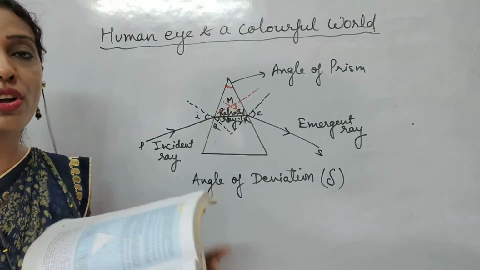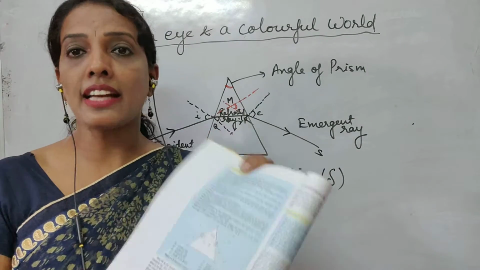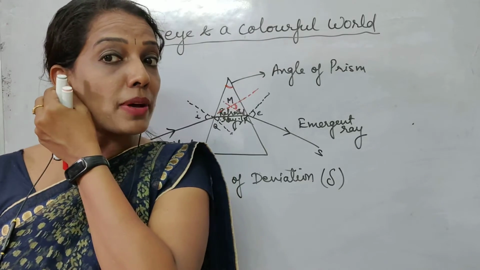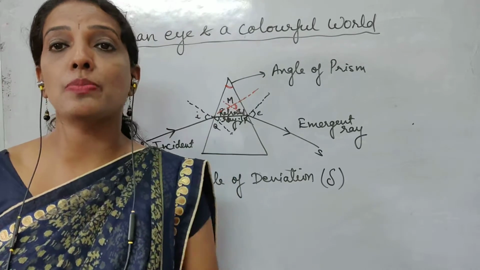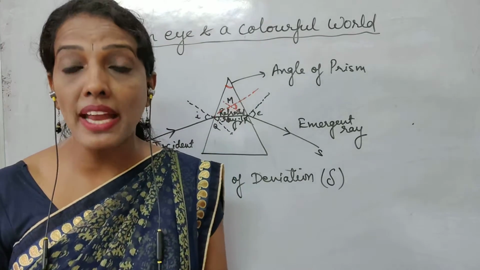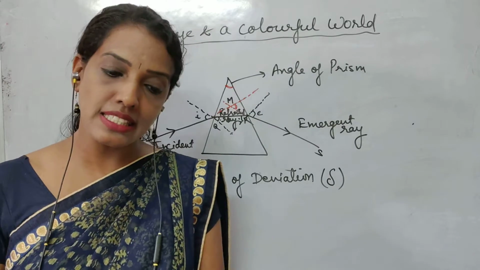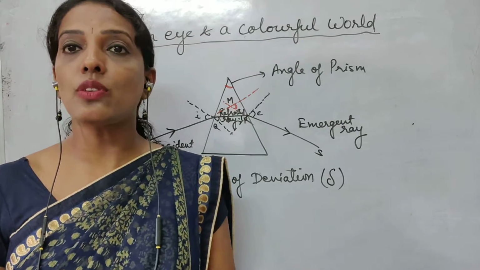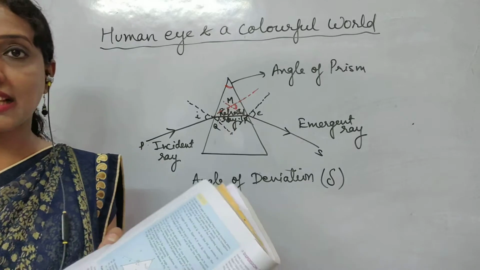So the conclusion of this activity is that the triangular shape of the glass prism makes the emergent ray bend with respect to the incident ray. That is what we want to show in this activity.